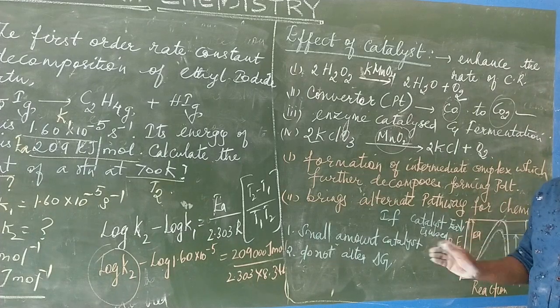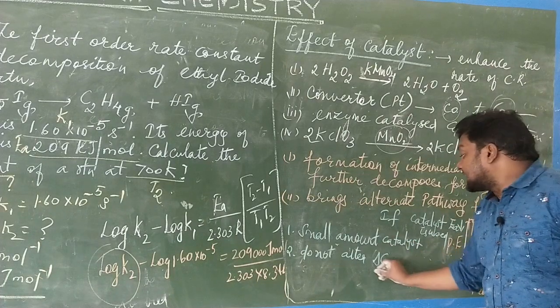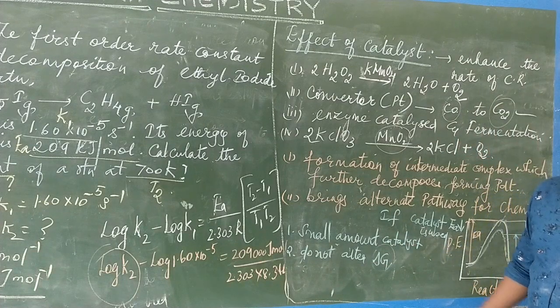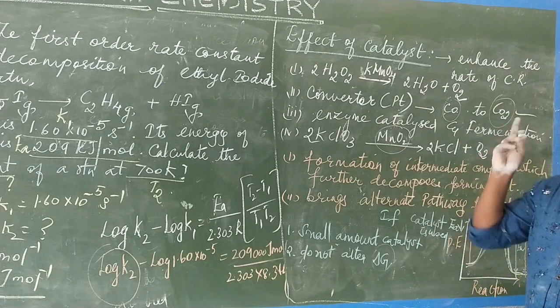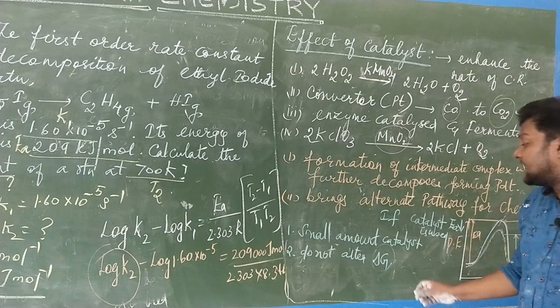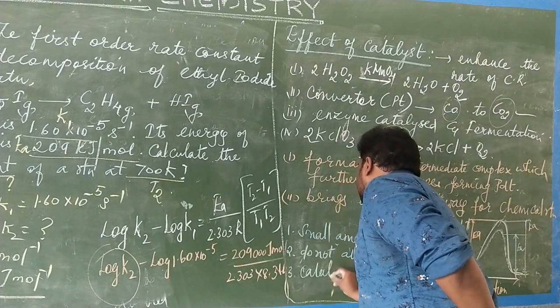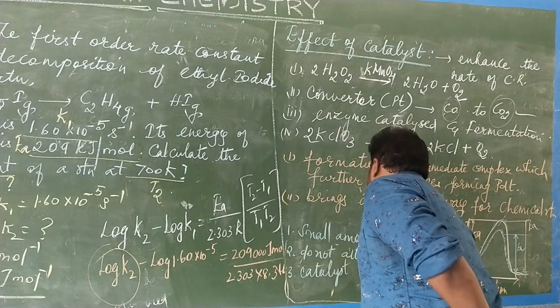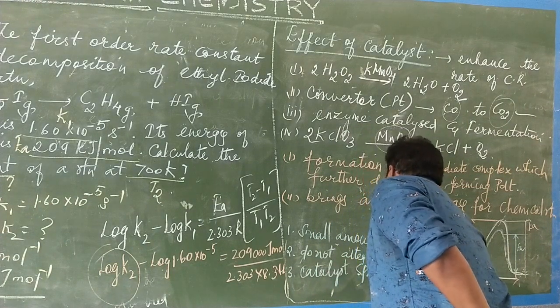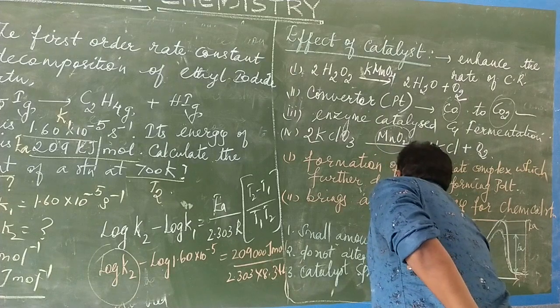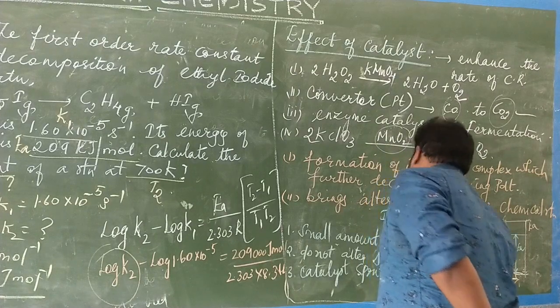Whether a chemical reaction is spontaneous can be found using the delta G value. So that means a catalyst will always catalyze the spontaneous reaction. Third point: it always catalyzes all the spontaneous reactions. So it does not catalyze the non-spontaneous reaction.